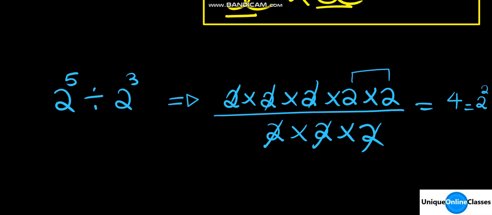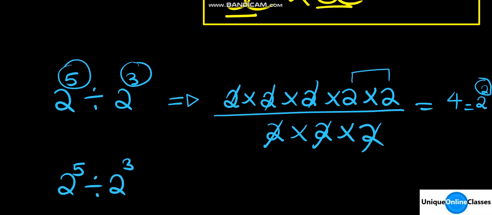What's the connection between 5 and 3 that gives us the 2 there? We can see that 2 raised to the power 5 divided by 2 raised to the power 3 is the same as writing 2 raised to the power 5 minus 3, which gives us 2 power 2.